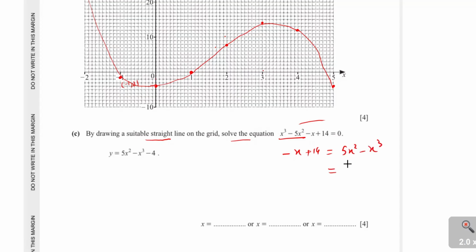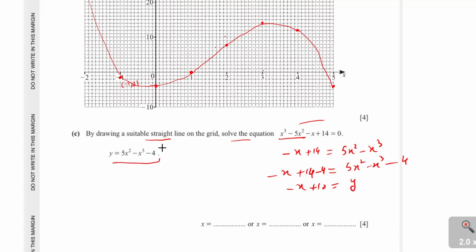If we subtract 4 on both sides, on the right side and also on the left side, the left side becomes minus x plus 10 and this value is equal to y.